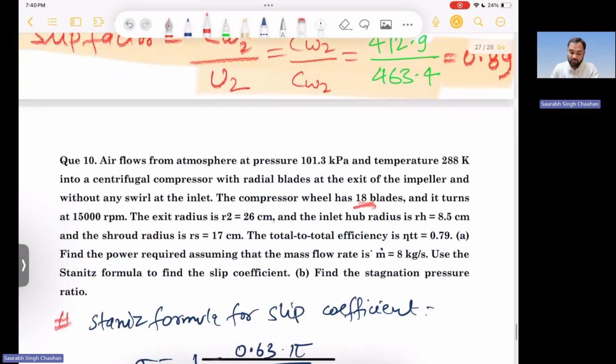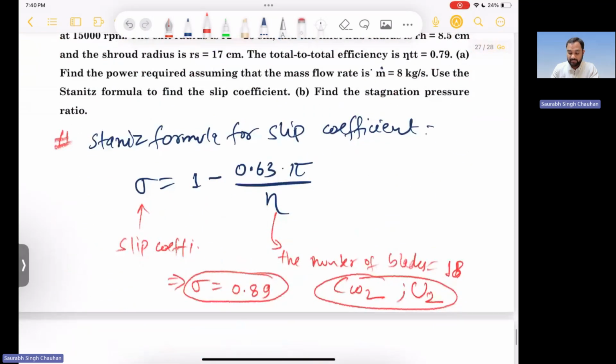So Cw2 by U2 is equal to sigma. U2 you will have from angular speed times radius at exit, and the slip coefficient is given. So you will get Cw2.